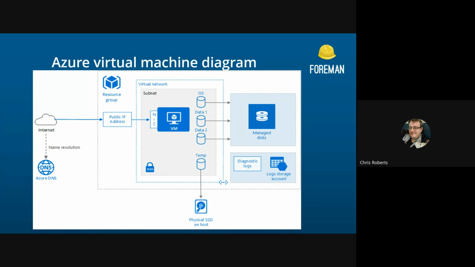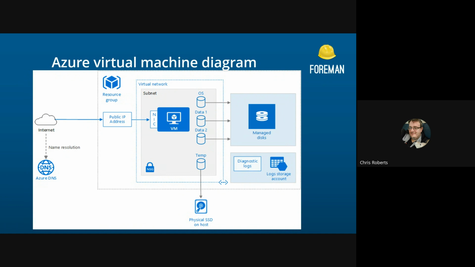So we have the internet, and remember our resource group contains everything. We have the public IP address that sits inside of that resource group, the virtual network that sits inside of there, the NIC for that, and then the VM itself. The network security group, if you're familiar with OpenStack, is a software firewall, so that controls the inbound and outbound connection rules for ports besides the one that you set on the VM.